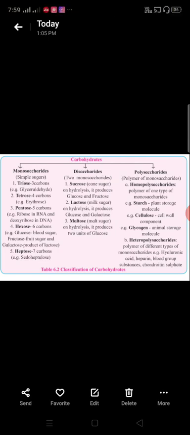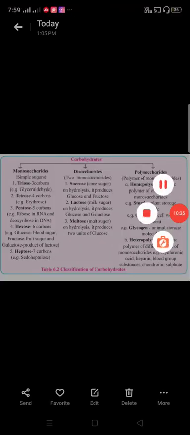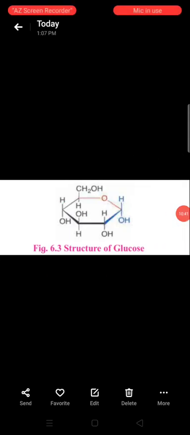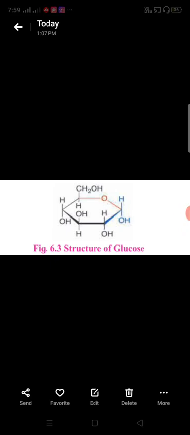Now we will see one by one about monosaccharide, disaccharide and polysaccharide. First, monosaccharides. For example, glucose. On the screen you are watching the structure of glucose, an example of a monosaccharide.